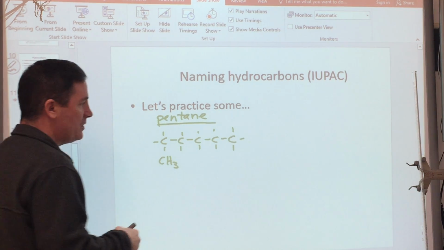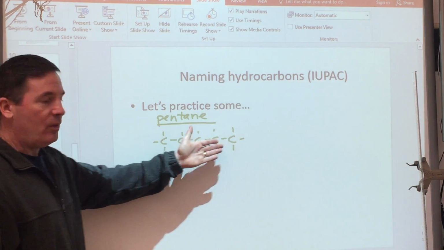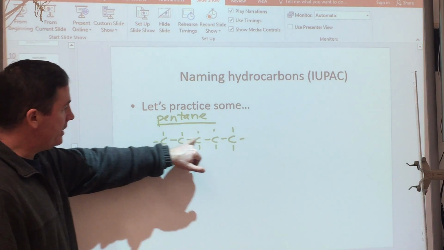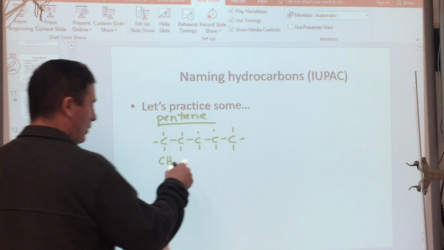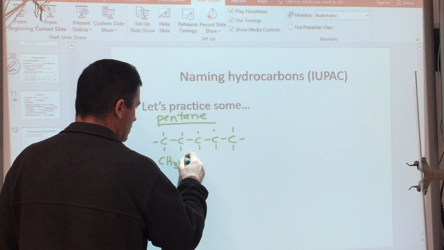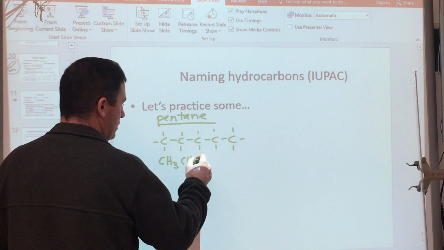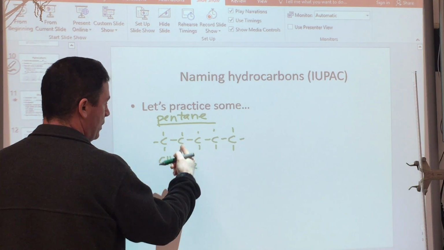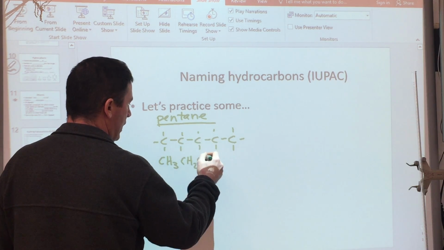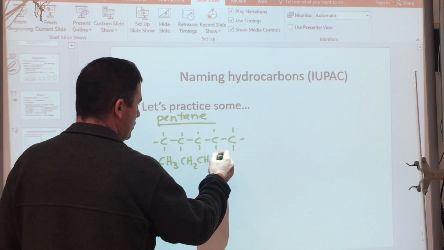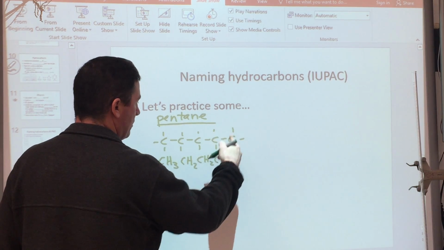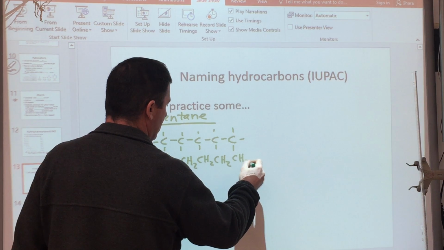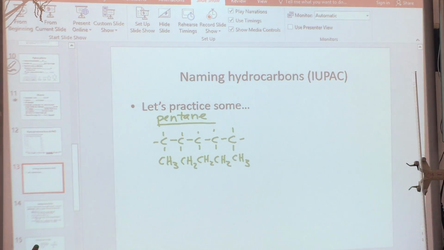Now sometimes, if it's a really long one, you'll see these shown like this. I'll show you the first way. 1, 2 hydrogens, 1, 2 for that one. 2 hydrogens for that one. 2 hydrogens for that one, and 3 hydrogens for that one. So there's the condensed formula.